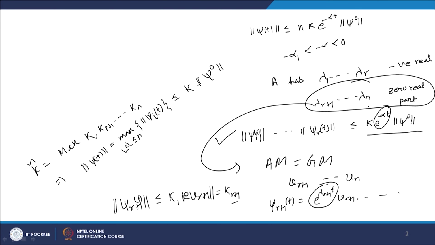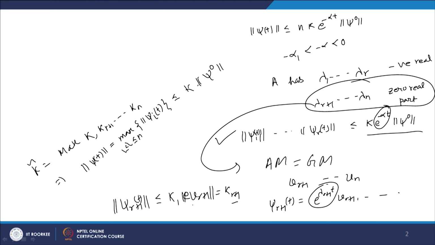Now this quantity is less than 1. So I can say that the norm of psi 1 to psi r of t is less than k times the norm of psi of 0, and for r plus 1 to n it is bounded by k r plus 1, where k r plus 1 is nothing but k1 times the norm of V r plus 1, right.